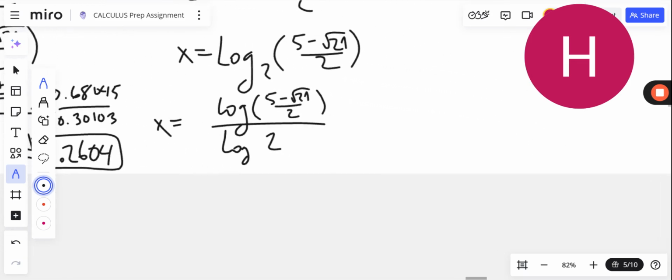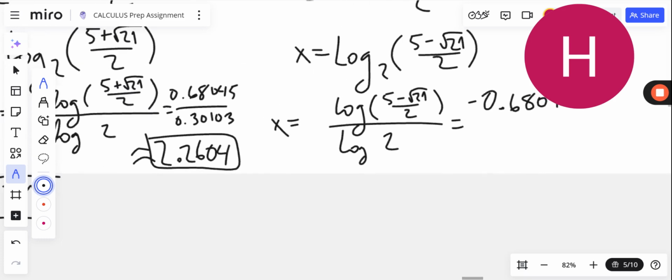And our other solution, let's see, we have the square root of 21 divided by 2. Okay, I'm doing log base 10, so if you're using a different base on the top and bottom, you might have different numbers than I do. Interestingly enough, this is just a negative of what we looked at earlier.